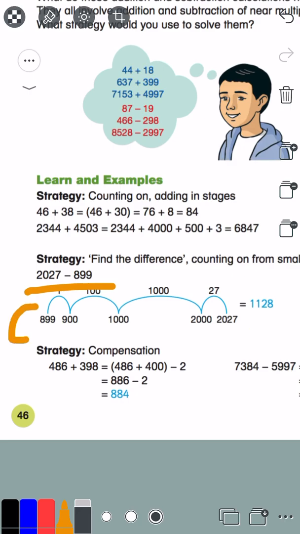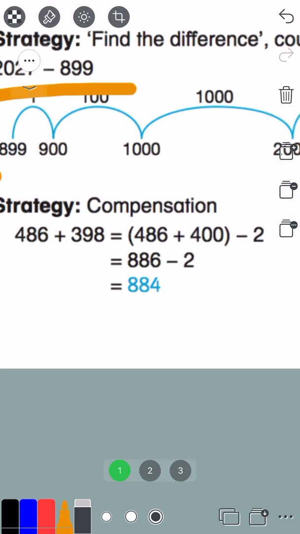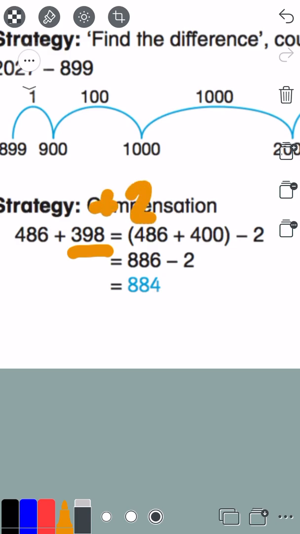And the last strategy is my favorite. The most favorite one is compensation. In addition, you can call it rounding, if you want to make 398 into 400, that's going to be so much easier for us to add. And here we're adding 2 to this number to make it 400.